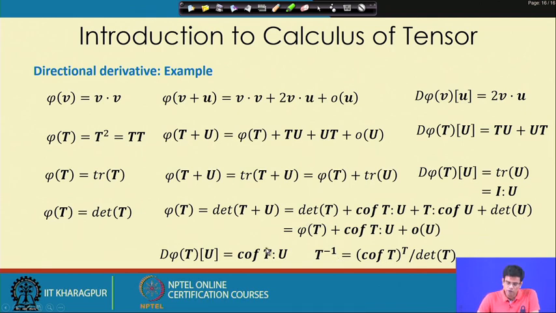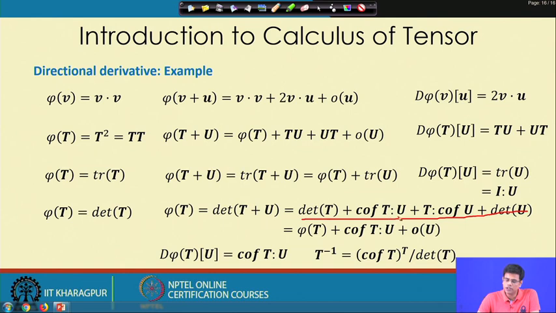This is very helpful to find the directional derivative. One can prove that if you sum these matrices and take the determinant, it has to equal the determinant of the individual matrices, cofactor of T inner product with U, and so on.